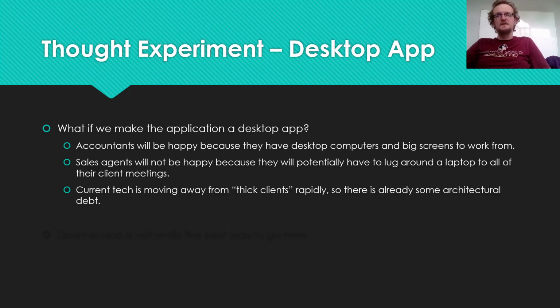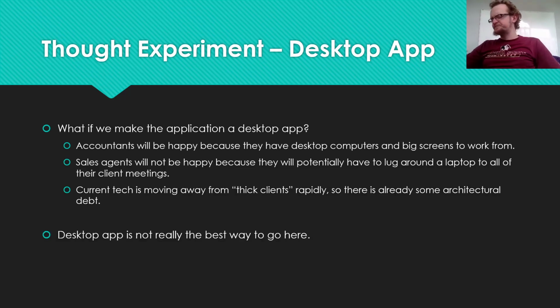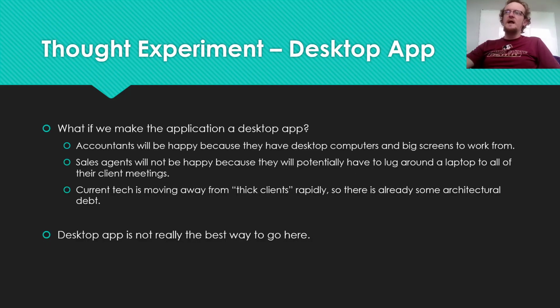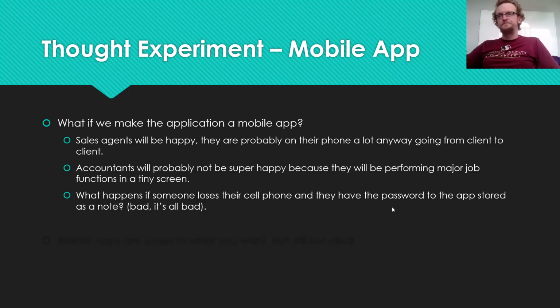You're going to start a project that you already know has a significant amount of obsolescence baked into it, and that isn't necessarily where you want to be. So a desktop application doesn't really seem to be the best scenario here. You would usually just mark this off your list and go down the list to the next one. And so next we could talk about what happens if we make it a mobile app.